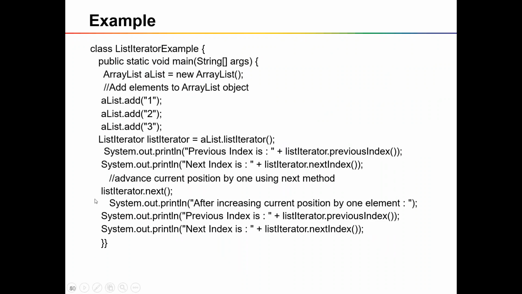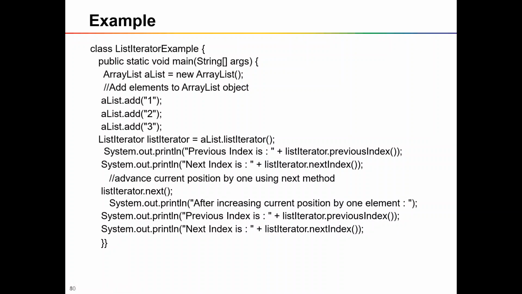So this is a task for accessing an array list with list iterator. Here we have created an array list of string type. Suppose if you wish, you don't need to mention the type, but it is better to mention the type while creating the array list itself. So here we are creating an array list with the three elements 1, 2, 3, and we are creating a list iterator.